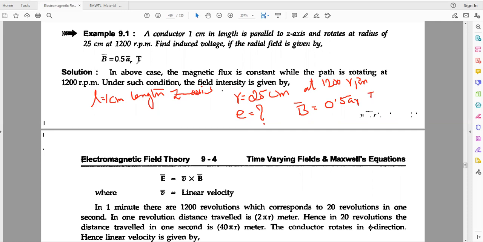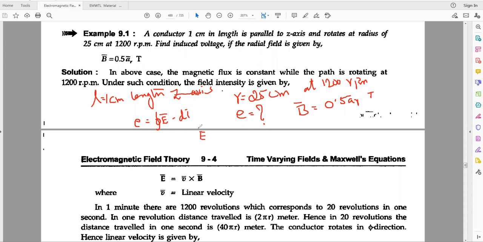To find the induced EMF, E is equal to the integral of E bar dot dl bar. Given the B bar, we need to find E bar using this data.